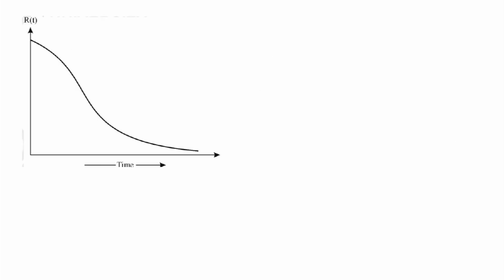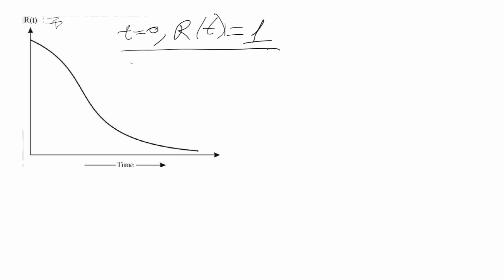So, if you see, this curve shows the cumulative probability function for the reliability R(t). What does it mean? When t is equal to 0, the reliability R(t) is equal to 1, because there is no failure. And as the time is increasing, the reliability is decreasing.